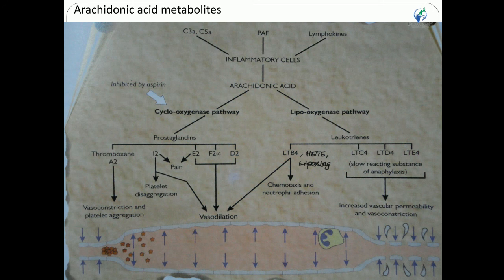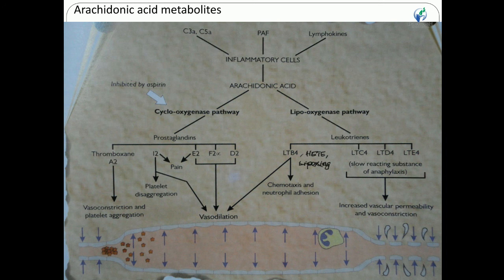In case of the cyclooxygenase pathway, there will be the presence of the COX enzyme. In case of the lipoxygenase pathway, there will be the presence of LOX, that is lipoxygenase. If arachidonic acid follows cyclooxygenase, it releases prostaglandins, and those can be thromboxane A2, right?